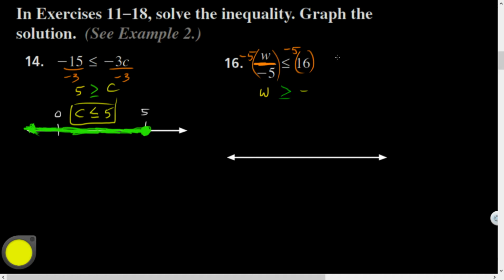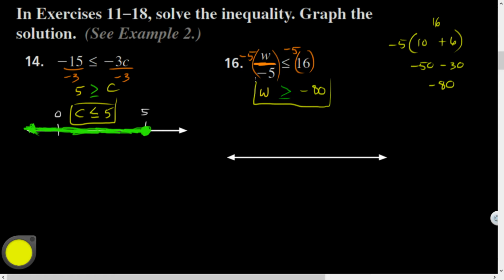Negative 5 times 16. I'm going to rewrite 16 as 10 plus 6. Negative 5 times 10 is negative 50. Negative 5 times 6 is negative 30. And there's the negative 80 when I combine those. That's how I think about the math in my head sometimes. I decompose the number 16, and then I recombine it.